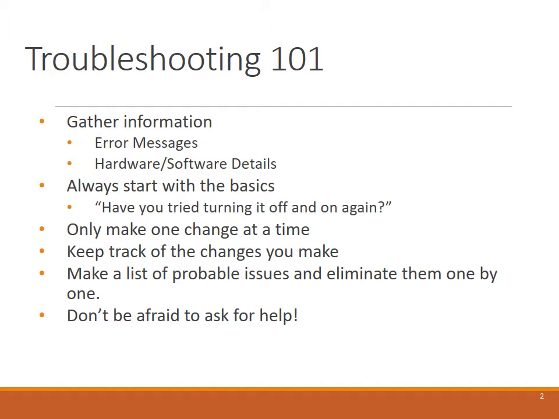Oftentimes, newer technicians will start to panic, and they'll try a bunch of different fixes, hoping that one of them will fix the problem. I like to call that the shotgun approach. You want to be more directed. So it's important, even if you're in a panic crisis situation, that you only make one change at a time.